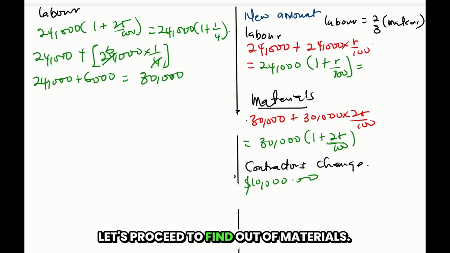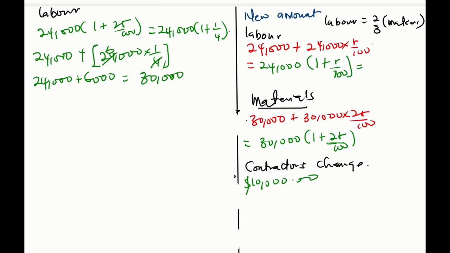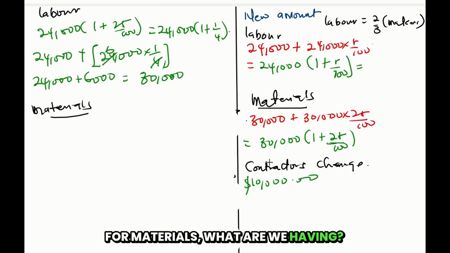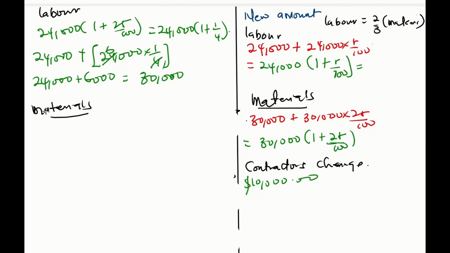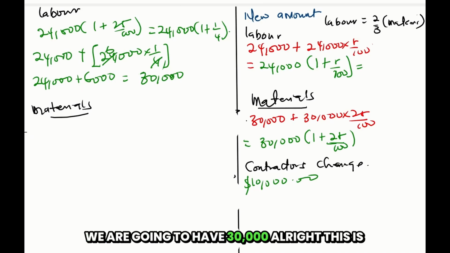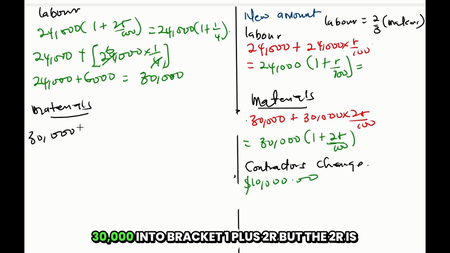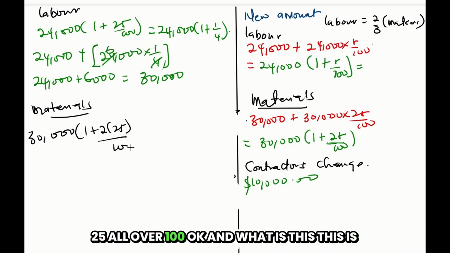Let's proceed to find out the cost of materials. So for materials, what are we having? We are going to have 30,000 into bracket 1 plus 2R, but the 2R is 25 all over 100. And what is this?